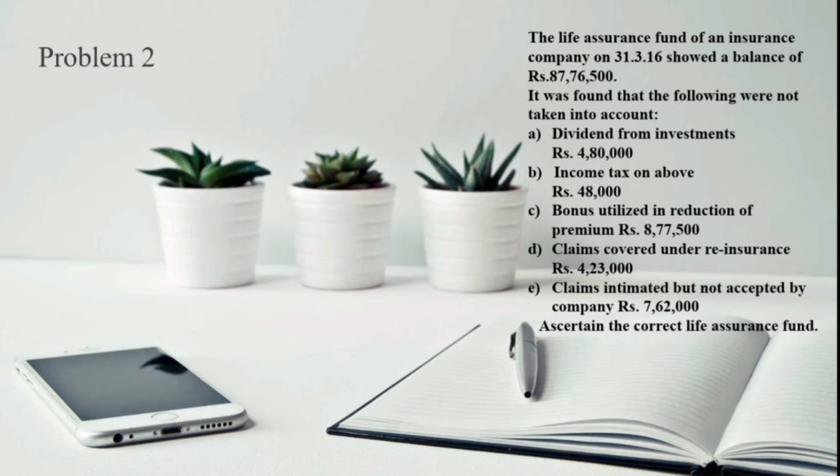Dividend from investment 4,80,000, income tax on above 48,000, bonus utilized in reduction of premium rupees 8,77,500, claim covered under reinsurance 4,23,000, claim intimated but not accepted by company rupees 7,62,000. Ascertain the correct life assurance fund from the given information.